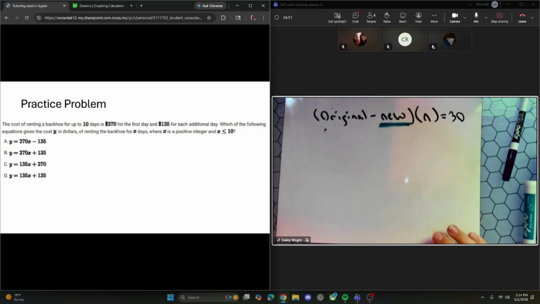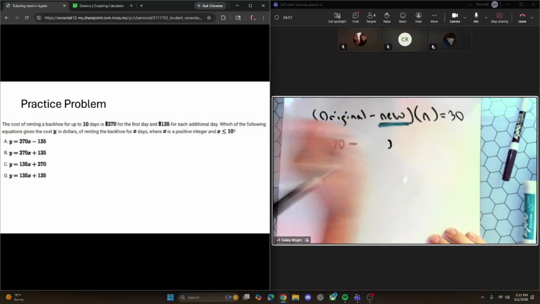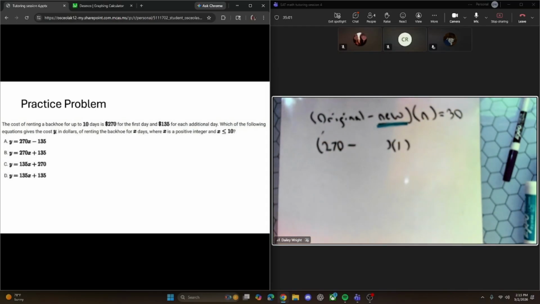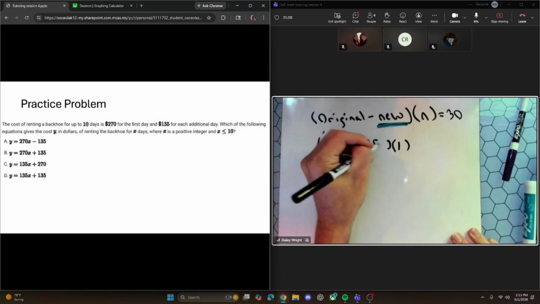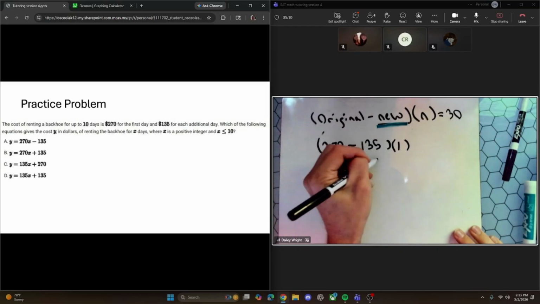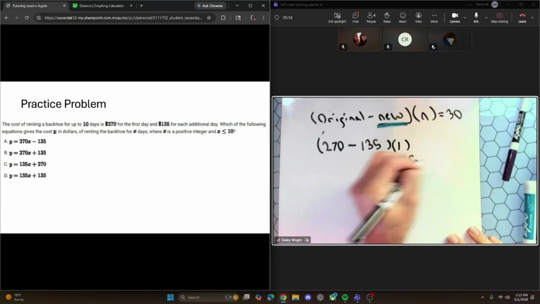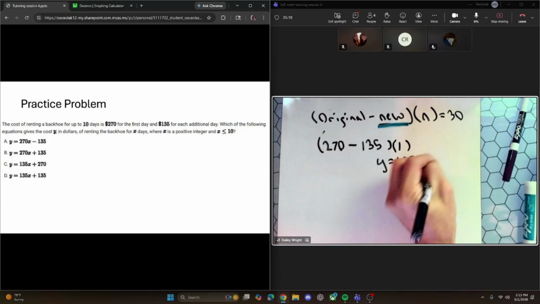So it's $270 for the first day. So your original price is $270. And for the first day, n equals 1, because it's just 1 day they charge the original price. Your new price is $135 for each additional day. So we have our new price. We can go ahead and plug that into the slope of our equation, y equals 135x.